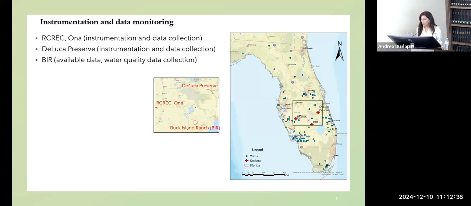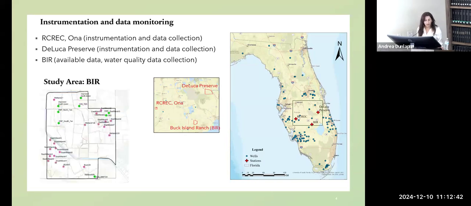Among these three, at Buck Island Ranch we found that they already have a long-term data set available, and the data collection is going on. So we decided our groundwater modeling work, the numerical modeling work, to be conducted there.